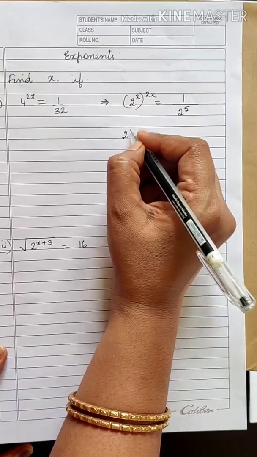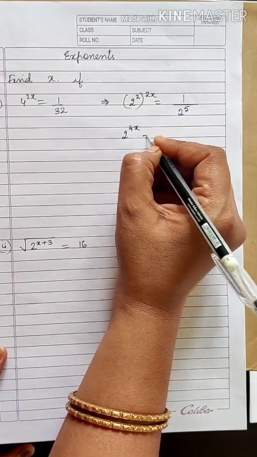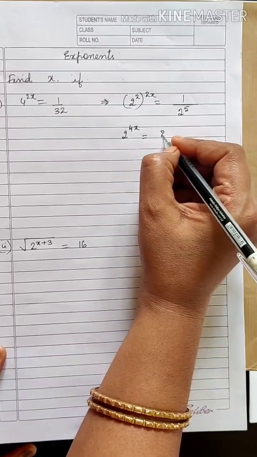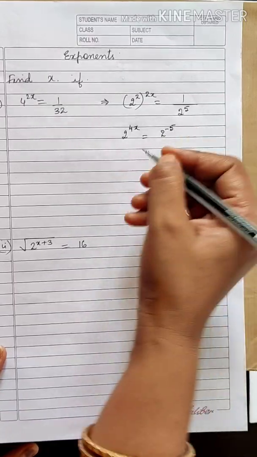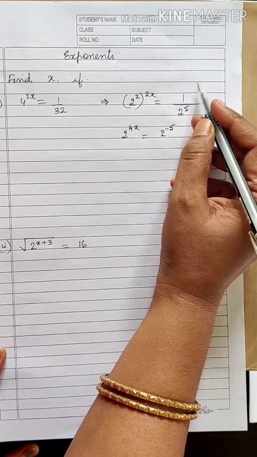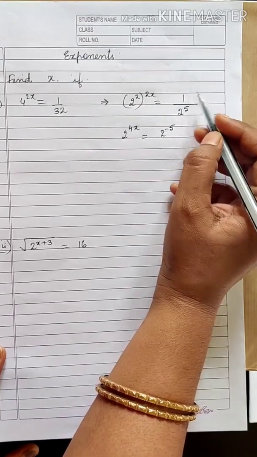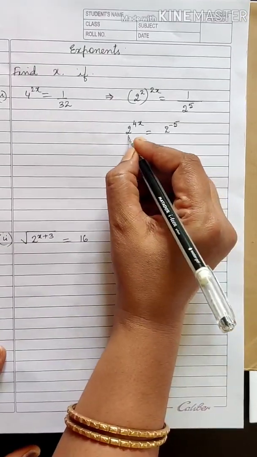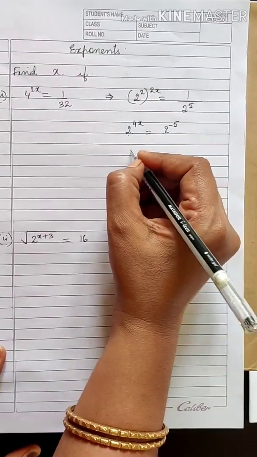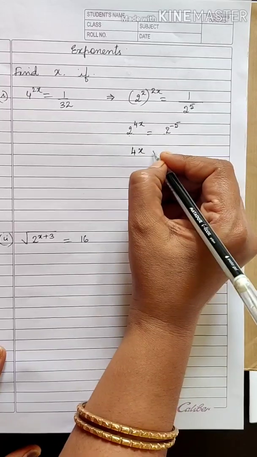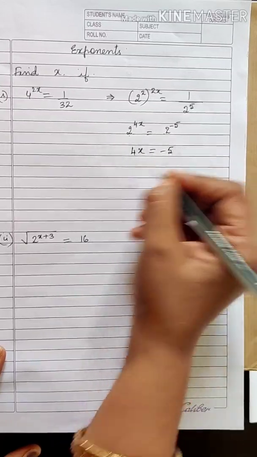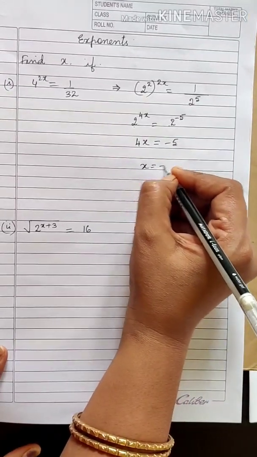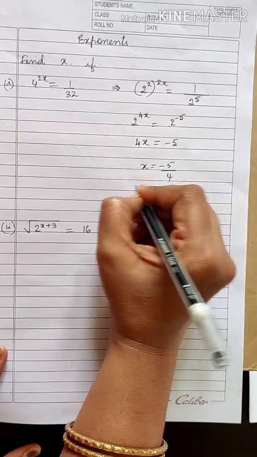So you get 2 to the power of 4x is equal to 2 to the power of minus 5. That is, bringing this 2 to the power of 5 to the numerator, the power changes to negative. Now when the base is same, the power is equal. So 4x is equal to minus 5, or x is equal to minus 5 by 4.